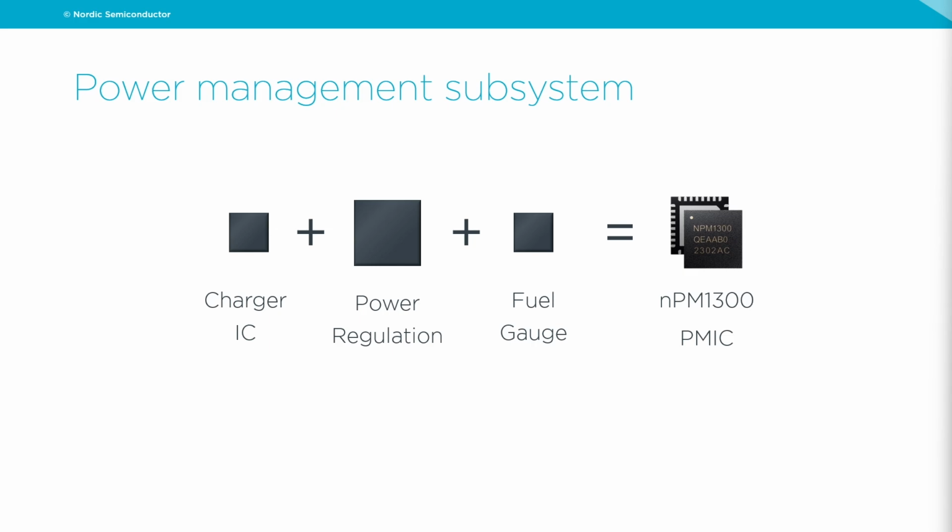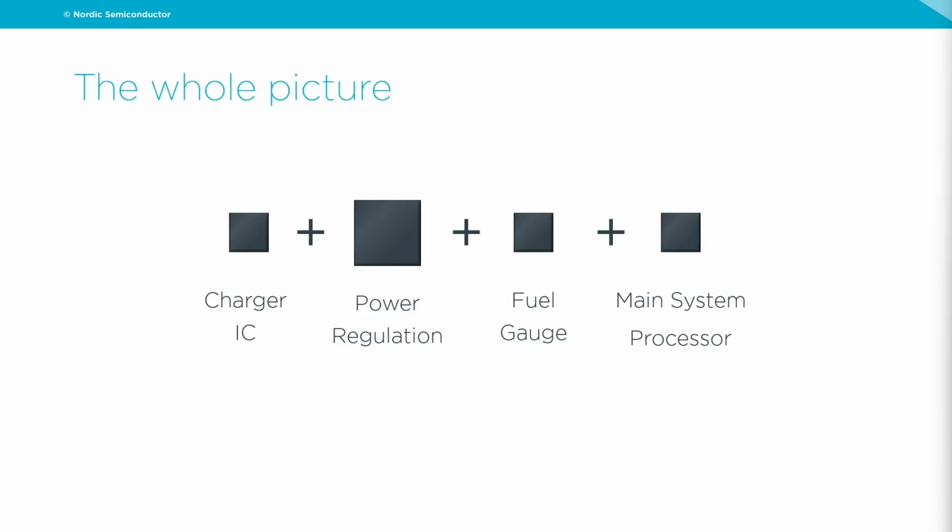There's a small asterisk here, and that is that the NPM1300 PMIC does not contain a system processor that you need for this algorithm-based fuel gauging to work, but it has the other hardware. So how do you solve this? Well, let's say you implement a system with a dedicated fuel gauge chip.